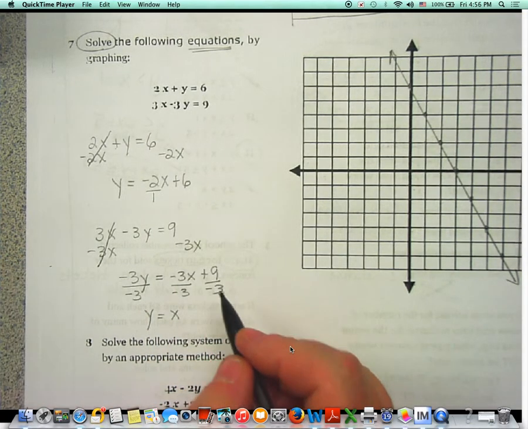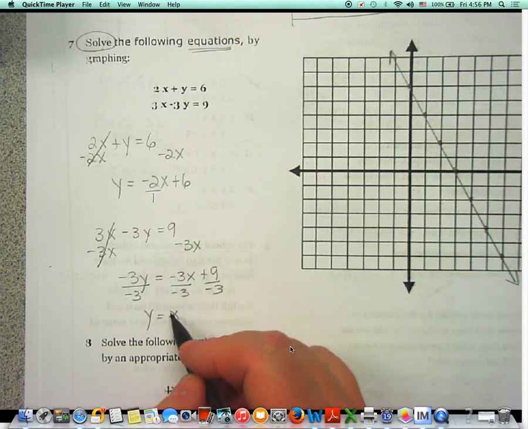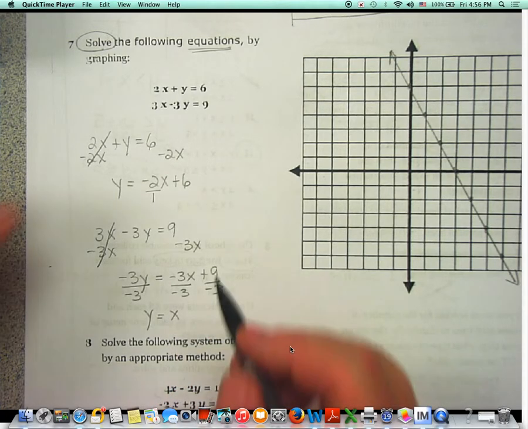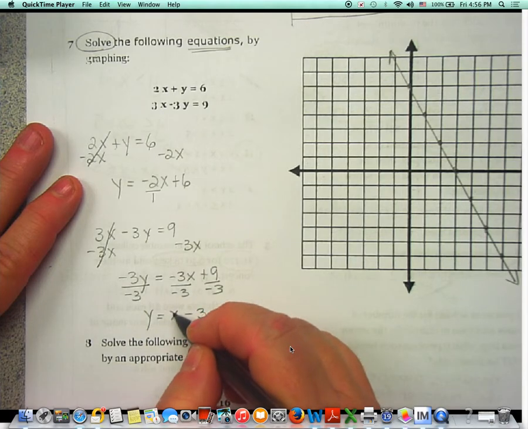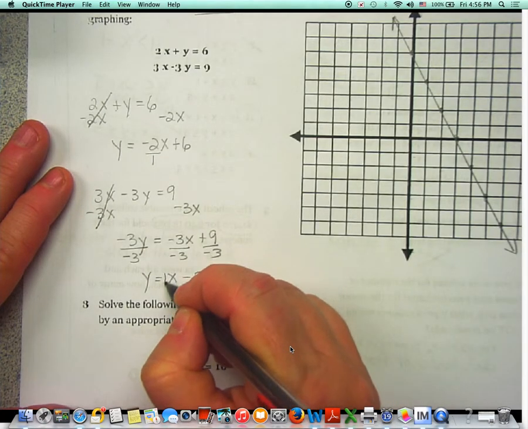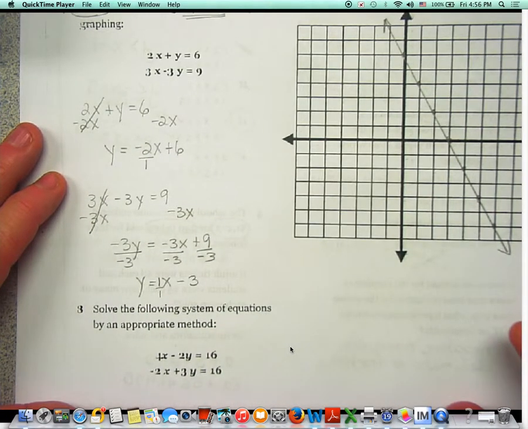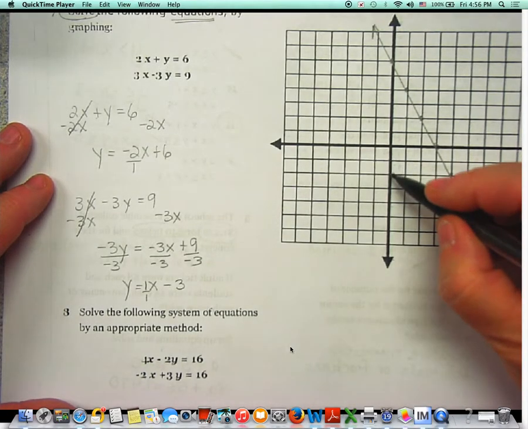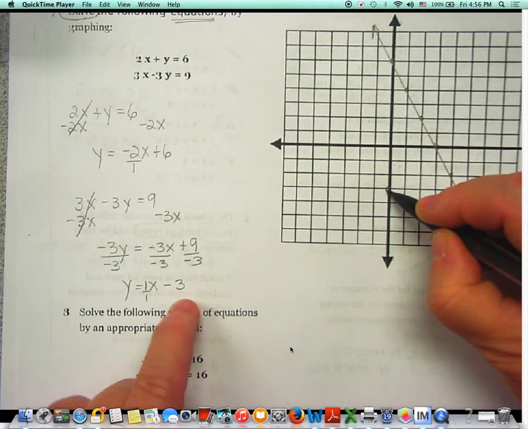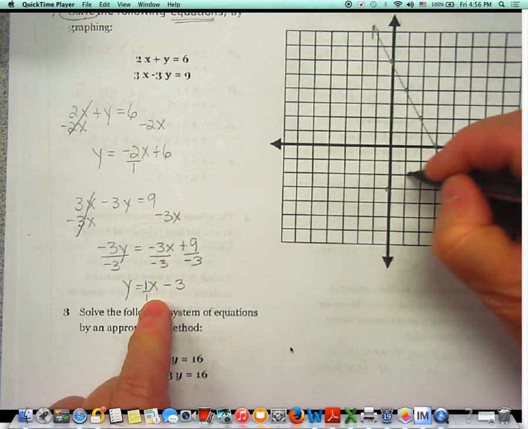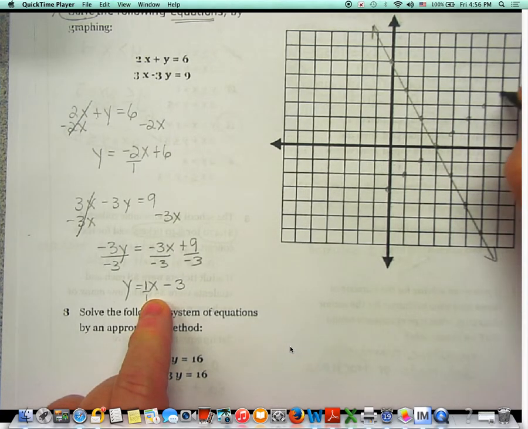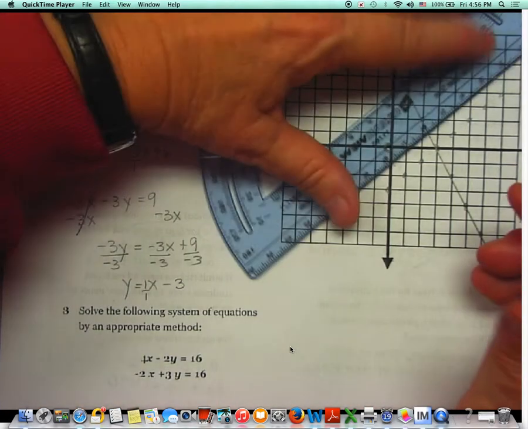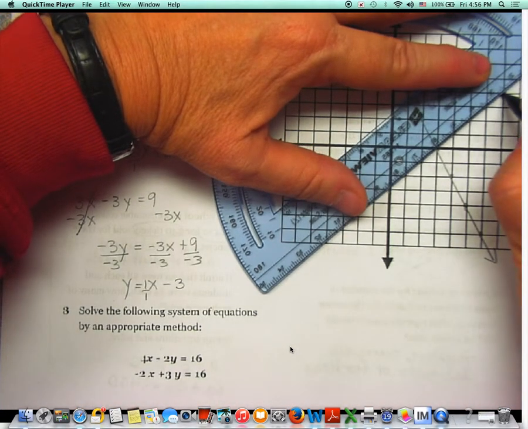And then negative 3 divided by negative 3 is a 1, so that's 1x. And then 9 divided by negative 3 is negative 3. And if I want to write a slope here, I would put 1 over 1. And then I'm going to start at negative 3 on the y-axis, for my y-intercept, and then go up 1 over 1. Up 1 over 1. Draw a line through these points.